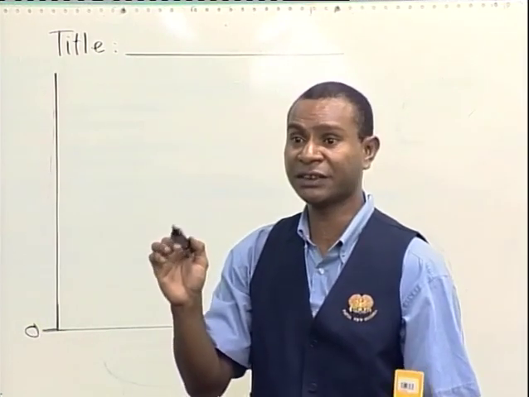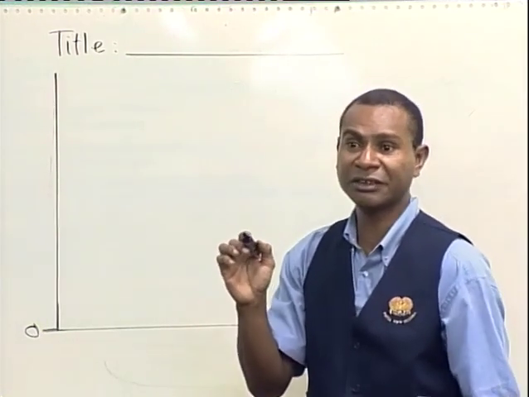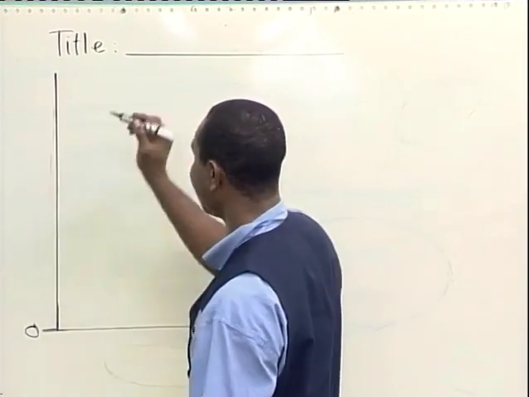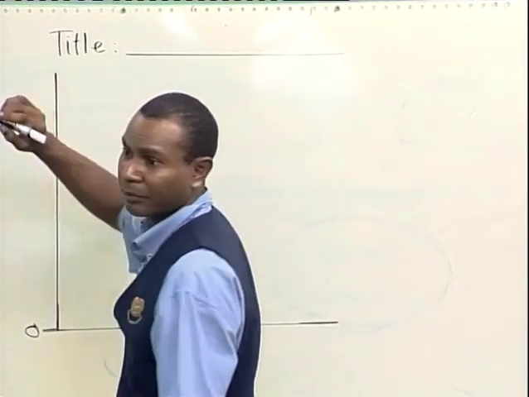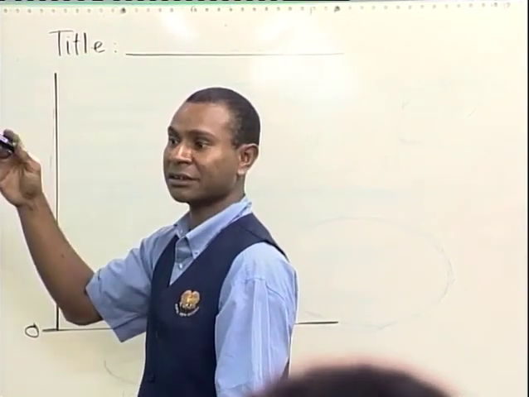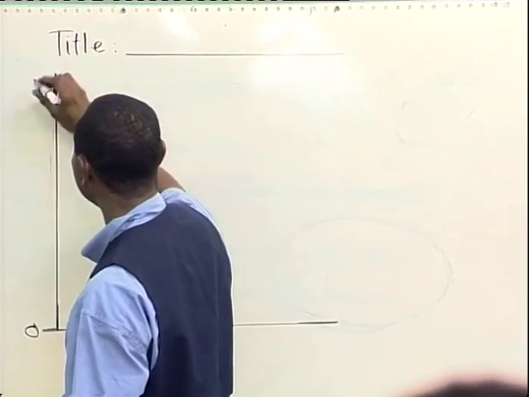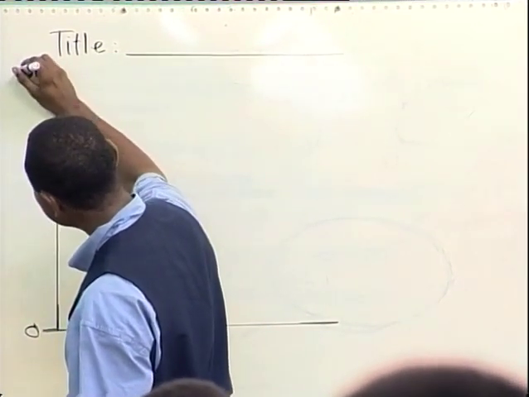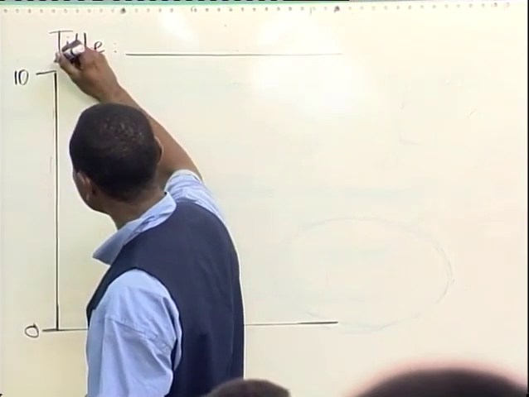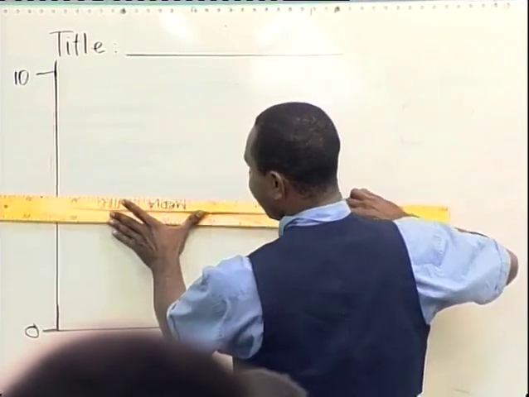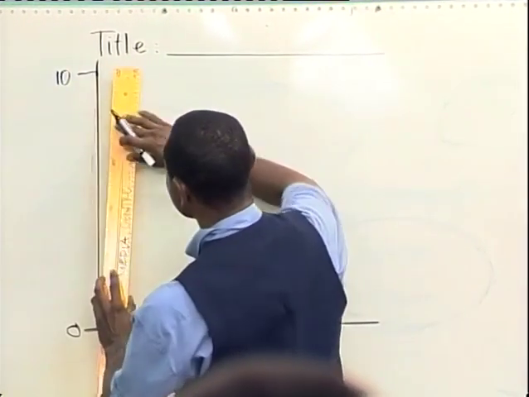If your highest number of living things is 10, for example, but most of our living things went beyond 10, so we just put 10 at the top. And we divide equally.